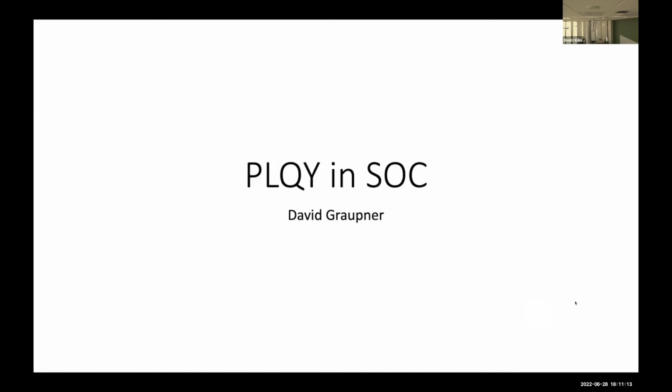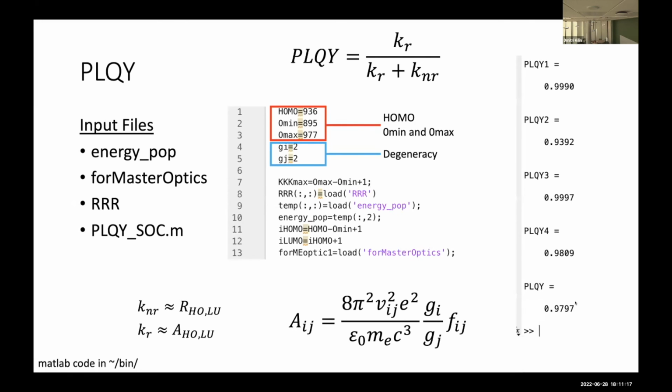So then moving on to the photoluminescence quantum yield, we have a MATLAB script that I wrote to calculate the photoluminescence quantum yield for spin orbit coupling. I wrote this based on some Excel sheets that Aaron sent me. So you need the energy pop for master optics and the RRR file.